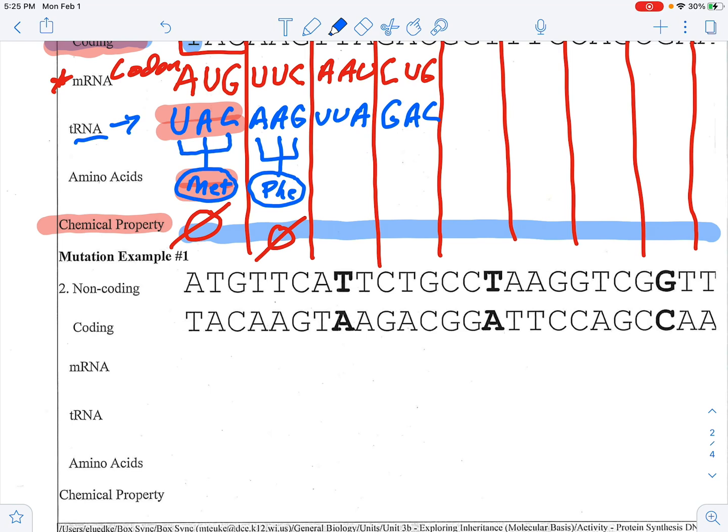Shapes are very important to proteins, and we will continue to deal with shape in future lessons coming up. So you should go ahead, finish the chemical properties, and also do this example right here as a practice on your own.